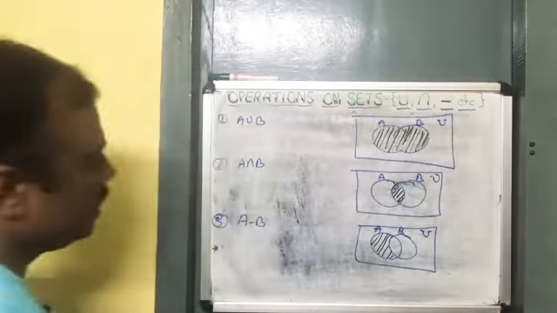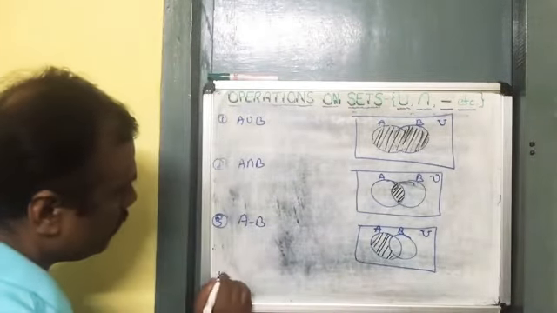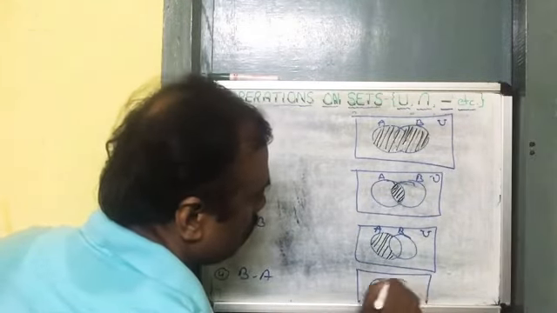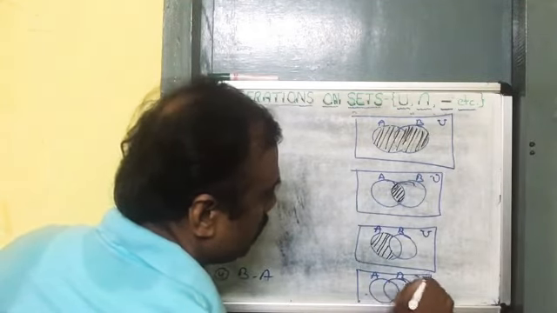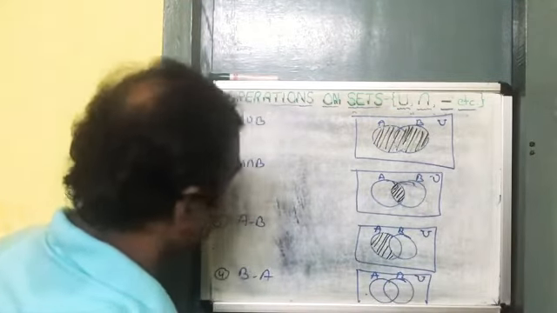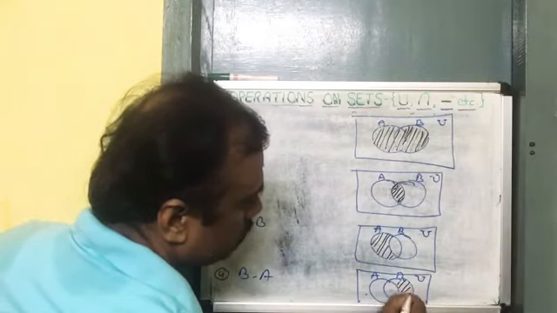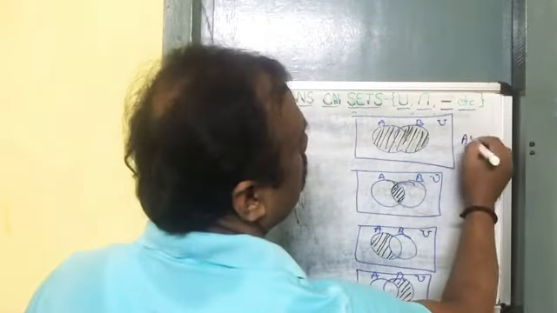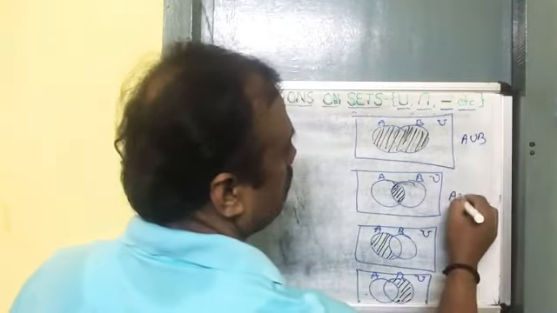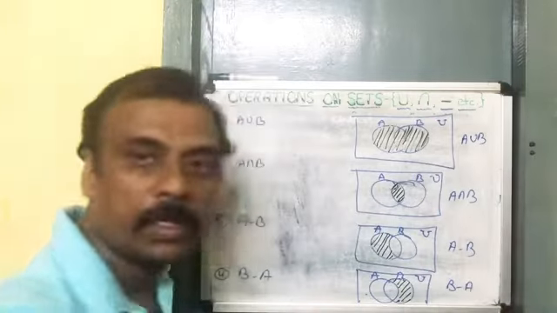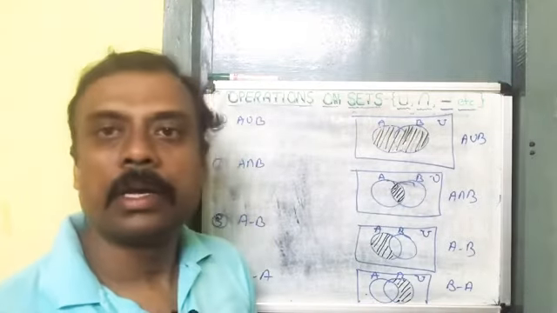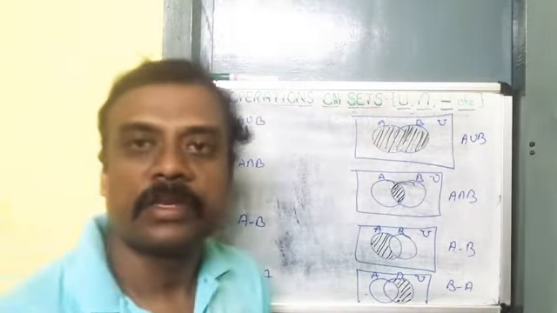Similarly, we can define B minus A. B minus A is this one. This is for A union B, this is for A intersection B, this one is for A minus B, and this one is for B minus A. So I think you will get a clear idea about the intersection, union and difference of two sets. Thank you.